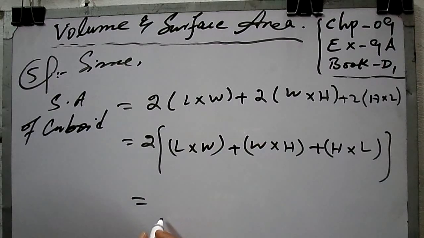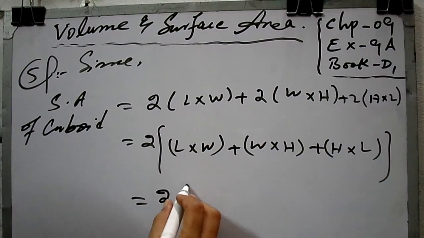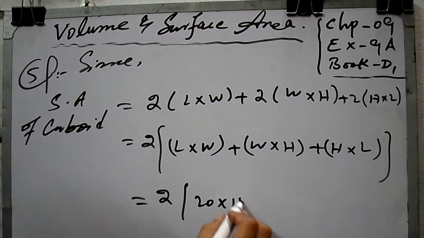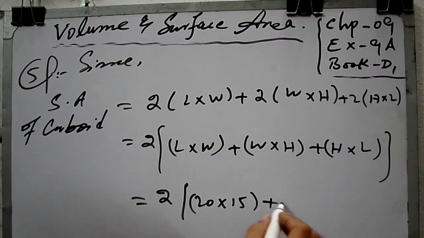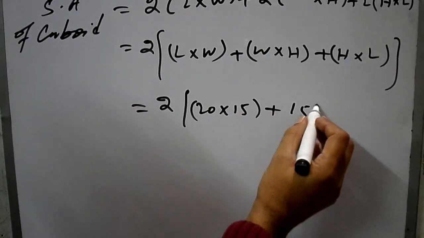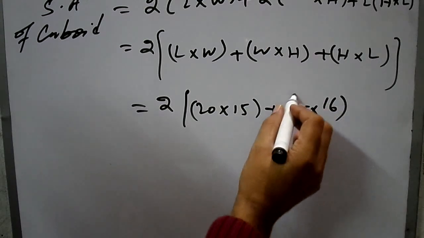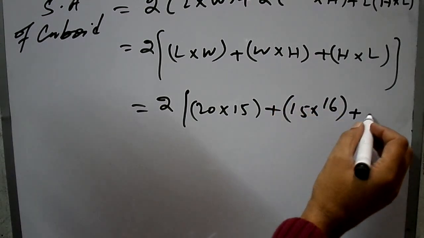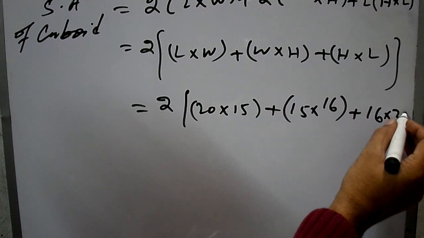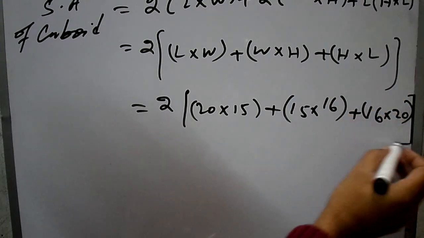So putting the values, 2 into bracket 20 into 15 plus 15 into 16, plus 16 into 20, bracket closed.